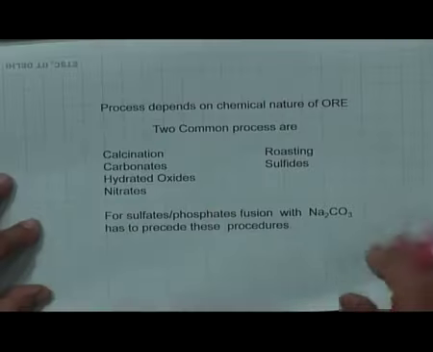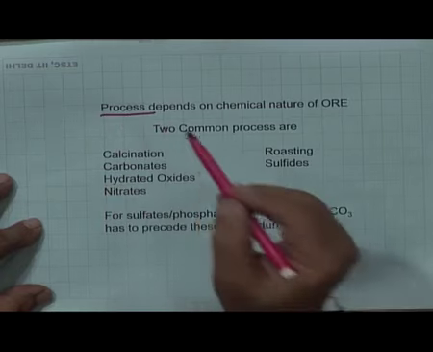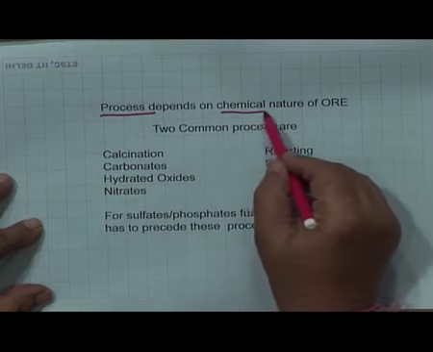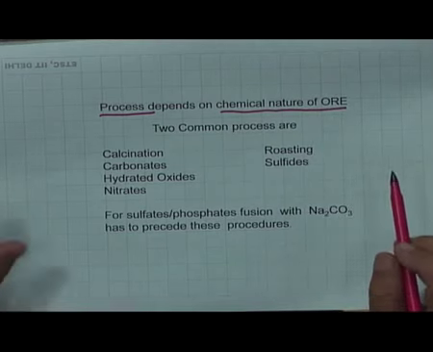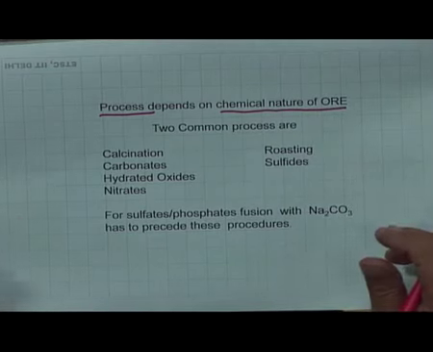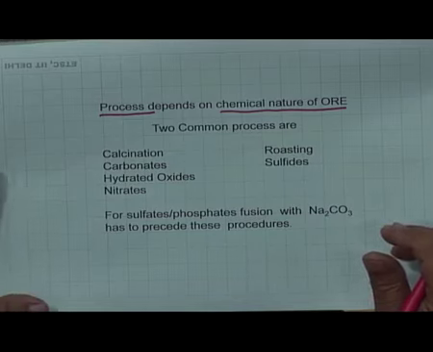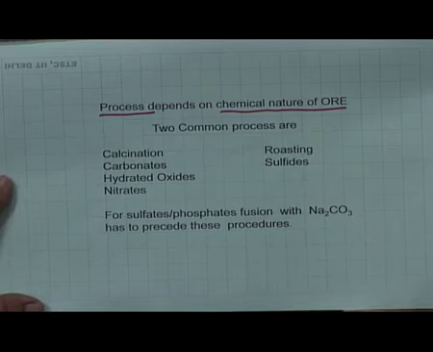For this kind of conversion, the exact process depends on the chemical nature of the ore. What is applicable to carbonate is not applicable to sulphide. So, chemical nature is a directing force in choosing the process for conversion of ore into oxides.